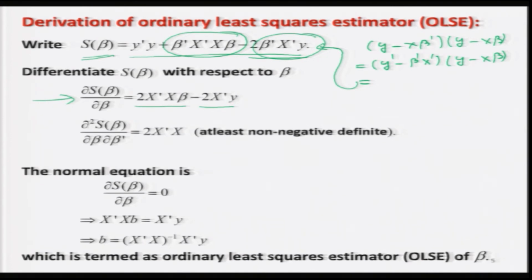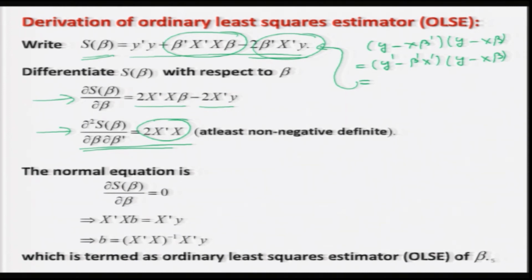I am also trying to obtain the second differential, because that will be used to determine whether the obtained equation provides a maxima or minima. So, I am finding the second derivative with respect to the beta vector here itself. This quantity comes out to be twice x transpose x.